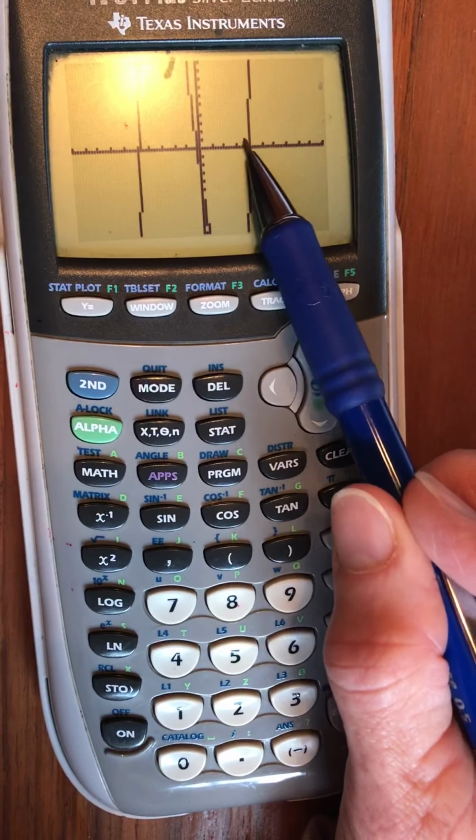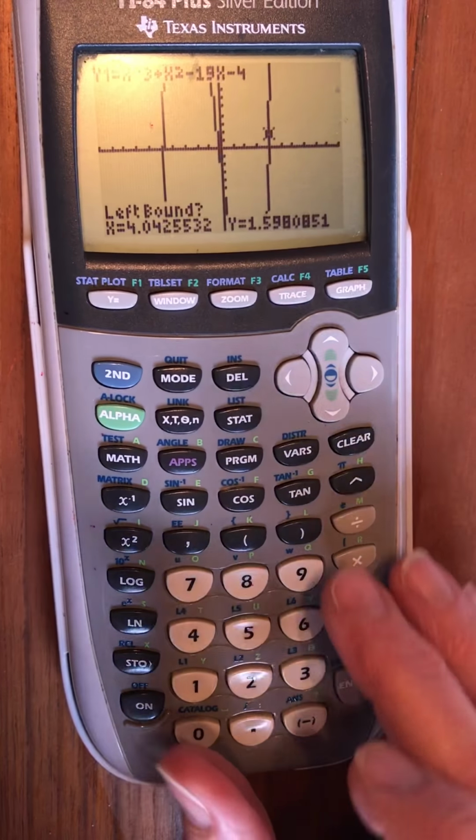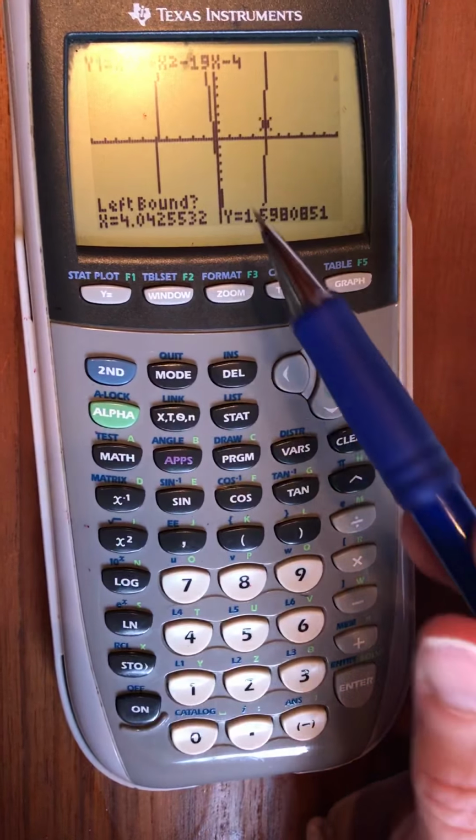These other two zeros are not integers, but you could find them approximately by using second calc 0, where you give a left bound. Let's see, to the left of this one would be 1, 2, 3, 4, 5, 6, negative 6. And a right bound would be negative 3, just anything to the right of it.